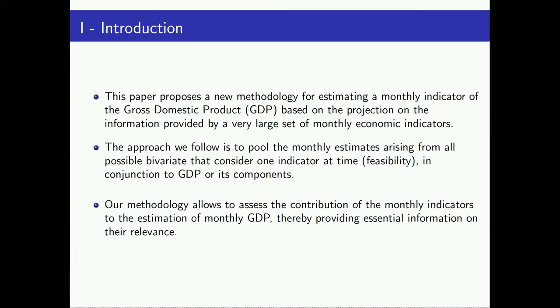In Euromind, the choice of indicators was quite subjective, in the sense that we needed to choose a bunch of time series to include in the model. Here, instead, we solve this problem completely by using just one indicator at a time. That's basically the idea of the model. Okay.